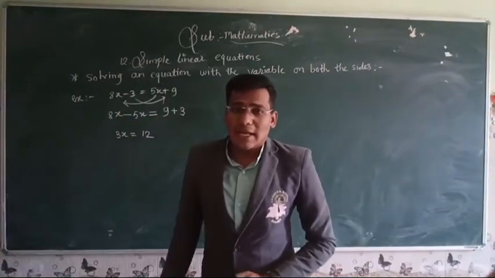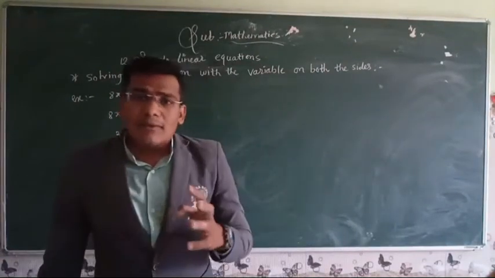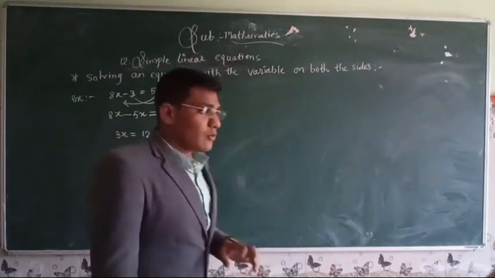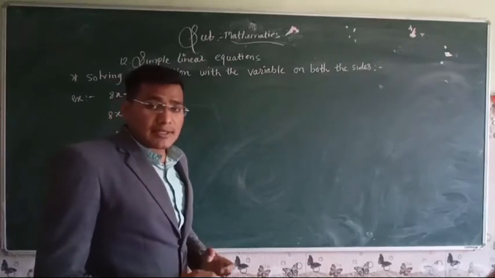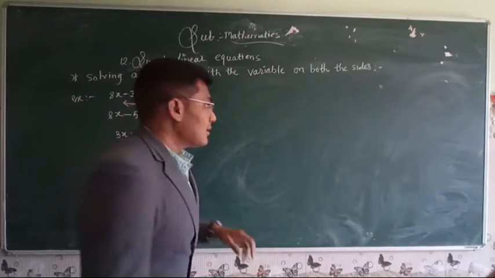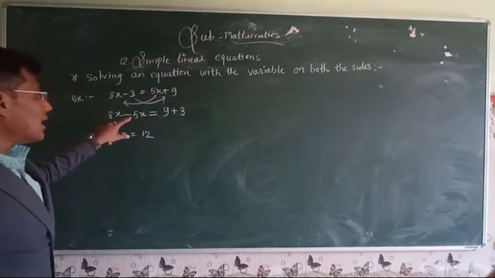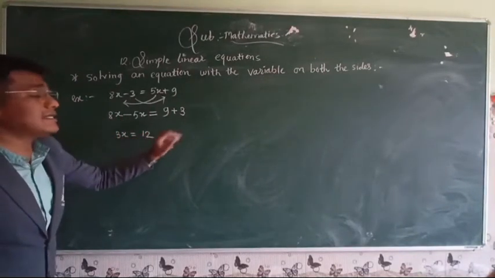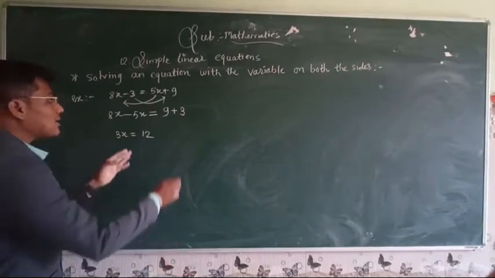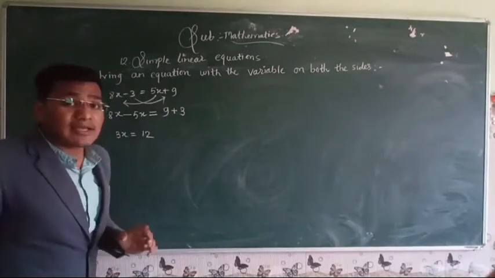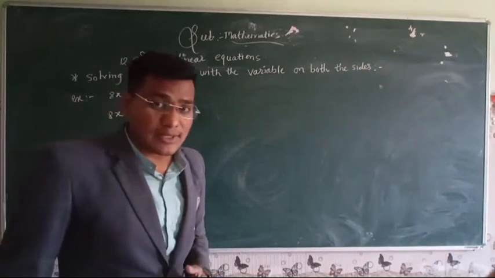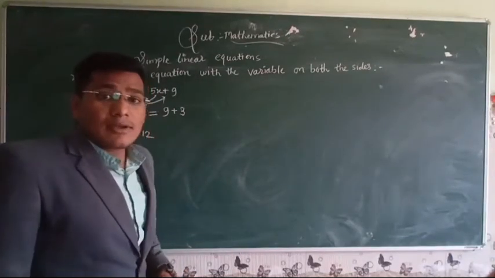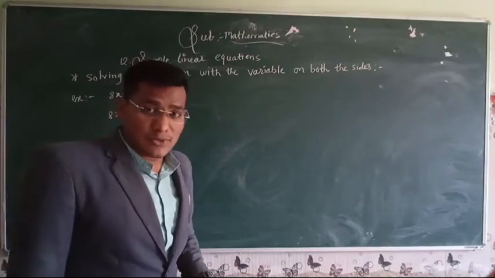As we learned in the fundamental concepts about like terms and unlike terms, only when the terms are like terms can we add or subtract. Here 8x and 5x are like terms, and 9 and 3 are also like terms, and they are collected on a particular side so we can subtract or add them. That's why we use this method to solve an equation which has variables on both sides.